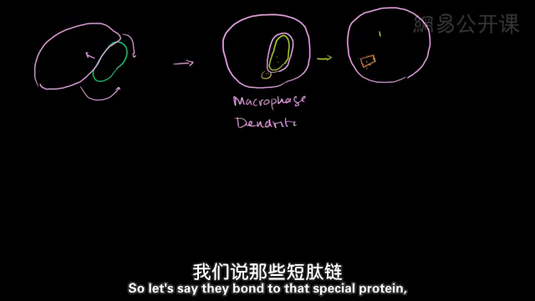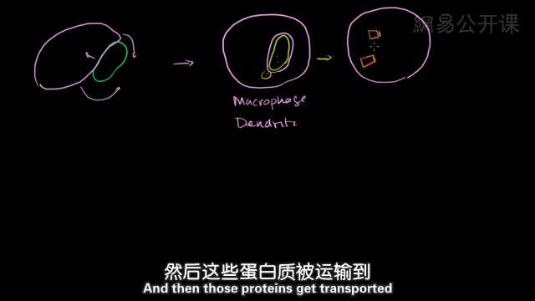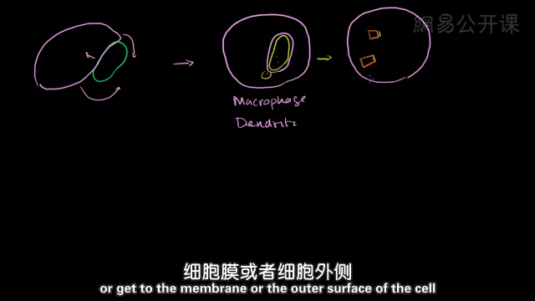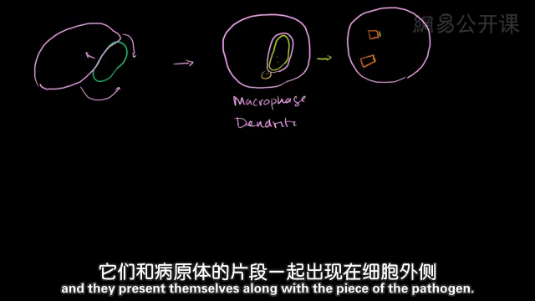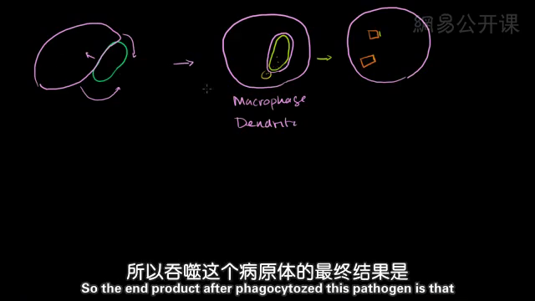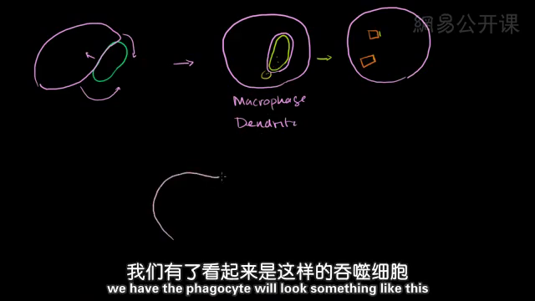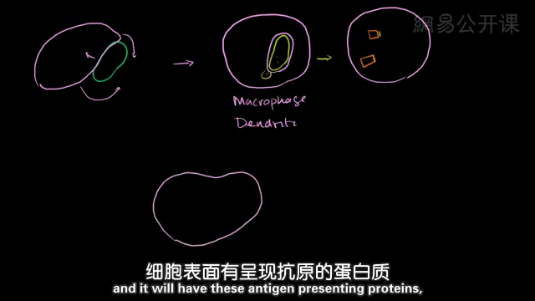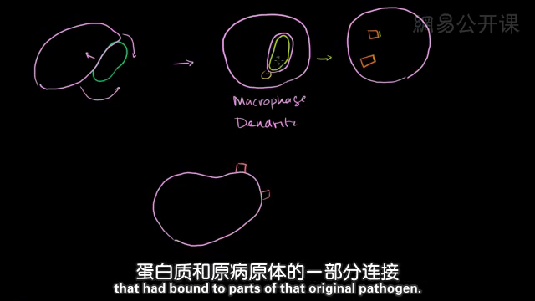So let's say they bond to that special protein, and then those proteins get transported to the membrane, the outer surface of the cell, and they present themselves along with the piece of the pathogen. So the end product, after we've phagocytosed this pathogen, is that the phagocyte will look something like this, and it will have these antigen presenting proteins, I guess we can call them, that had bound to parts of that original pathogen.